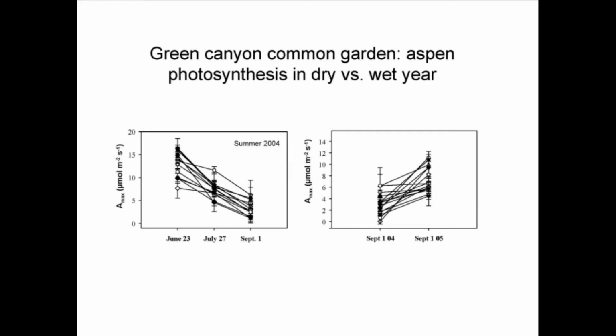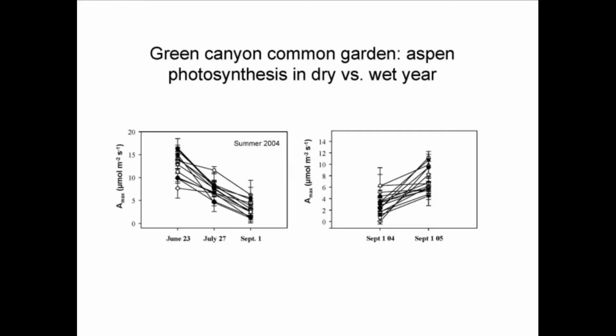Here is this data, just transferred over here. If we look at how these clones do at the same time point the next year, when water relations are better, you see a pretty consistent increase in photosynthesis when moisture conditions are better. The really interesting trend is that a lot of these clones that had the lowest rates of photosynthesis in 2004 had some of the highest rates in 2005.